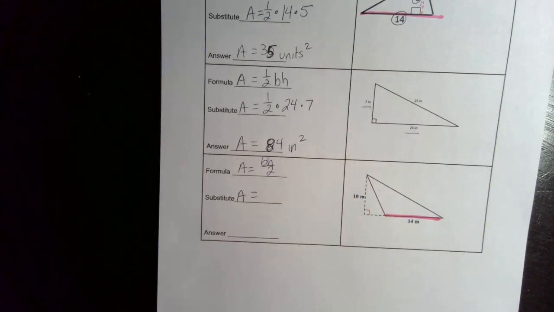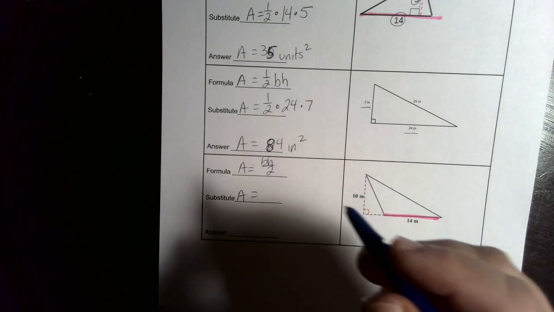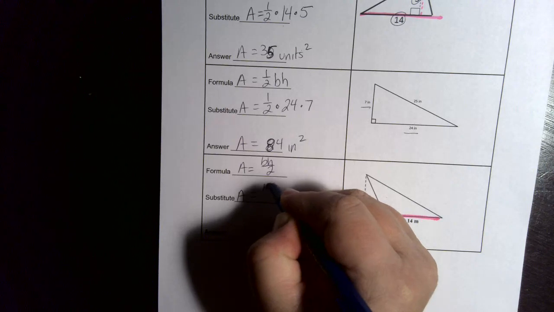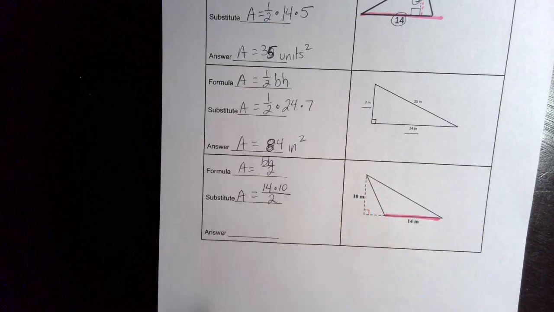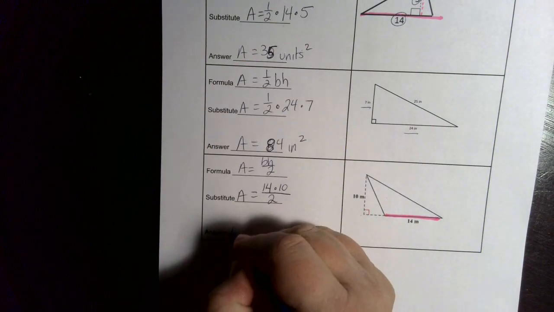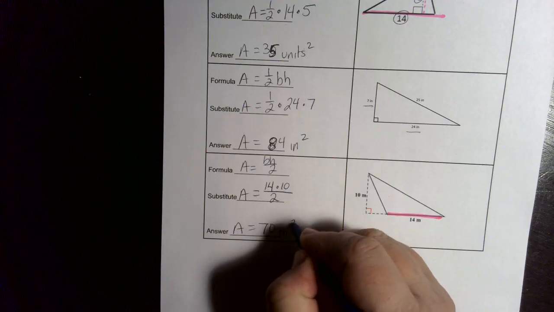I'm looking for my area, so that stays an A. And then my base is 14 times 10 divided by 2. 14 times 10 is 140, divided by 2 is 70. Then my label would be meters squared.